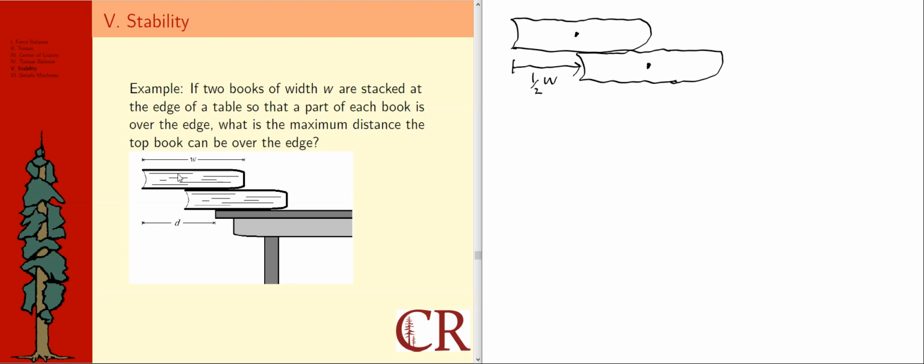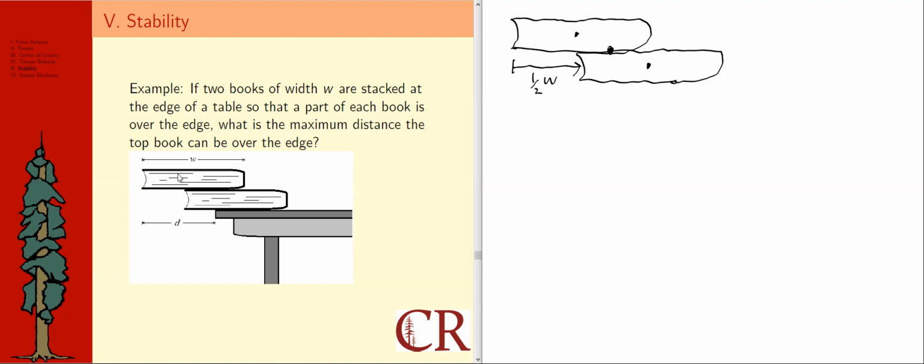But now, what is the center of mass of this system combined? Since the two books are identical as far as we know, it makes sense that their center of mass point would be halfway in between, maybe right here.